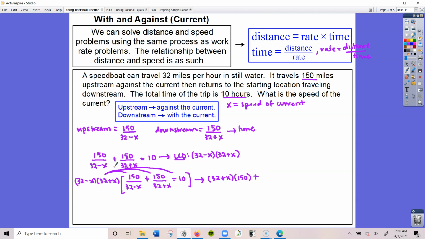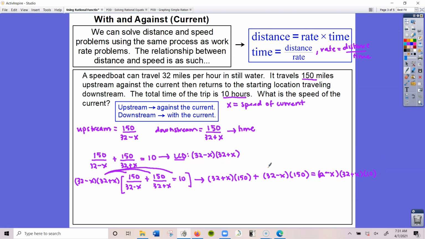Now when we distribute the LCD to the second fraction here, the 32 plus x's would cancel, and so we're only multiplying the 32 minus x times 150. And that's going to equal the 32 minus x times 32 plus x times 10.